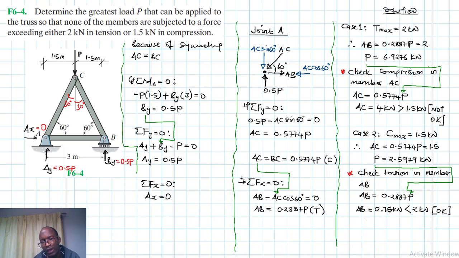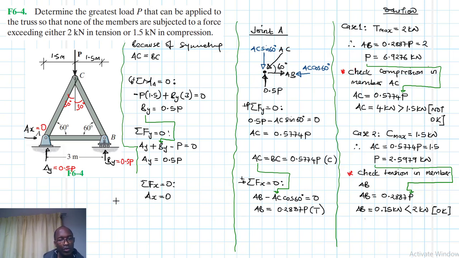We are saying we need to find P, the greatest load P, that must ensure that the tension does not exceed 2 kilonewtons and the compression does not exceed 1.5.